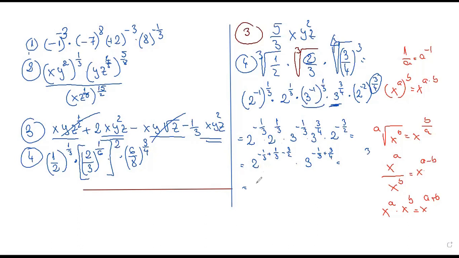So it becomes 2 to the minus 3 over 2. And then 3 to the 5 over 12.